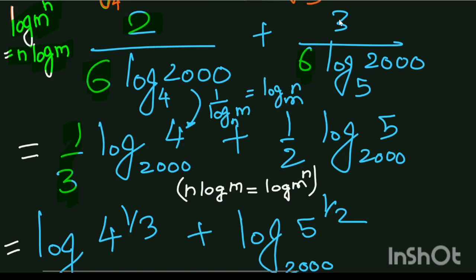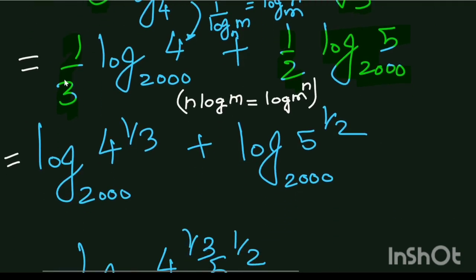Similarly, in the second, 3 by 6 is 1 by 2, and 1 upon log 2000 base 5 would be log 5 base 2000. Now again this 1 by 3 will come in the power of 4, it will become 4 to the power 1 by 3, base 2000 as it is.